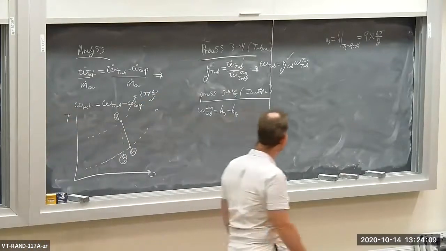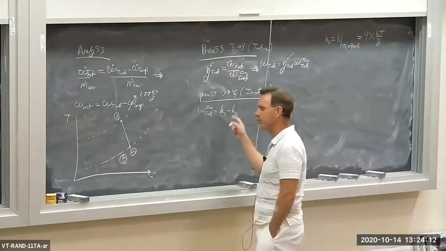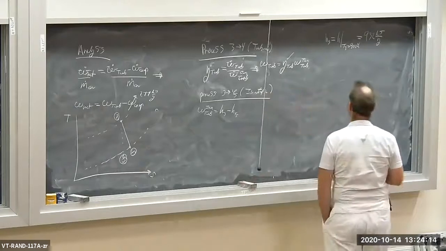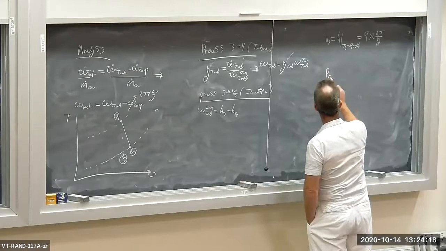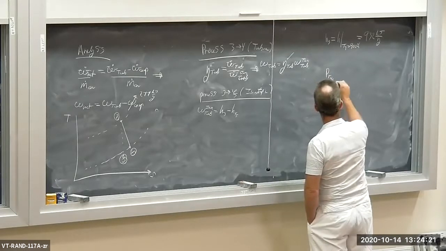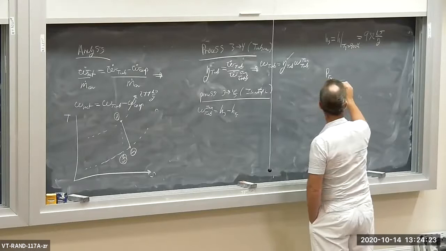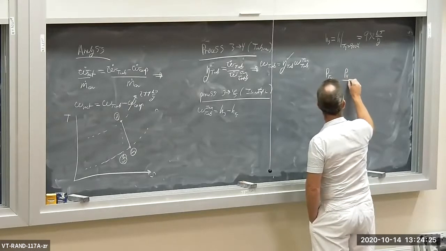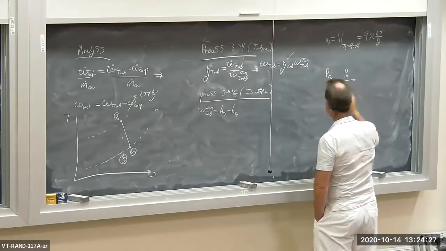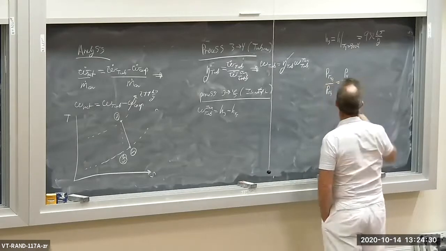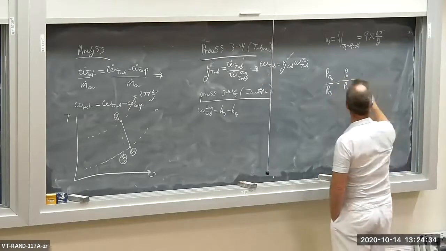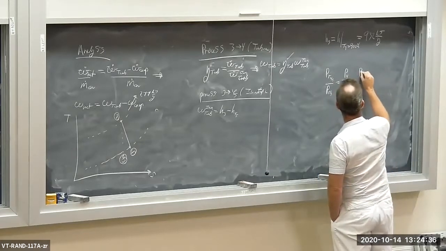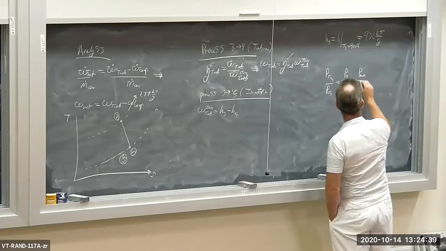H3 I've got 932. I need H4 sub S. How do I get H4 sub S? Well, PR4 sub S over PR3 is equal to the pressure ratio, P4 over P3. P4 is the minimum pressure, and P3 is the maximum pressure.